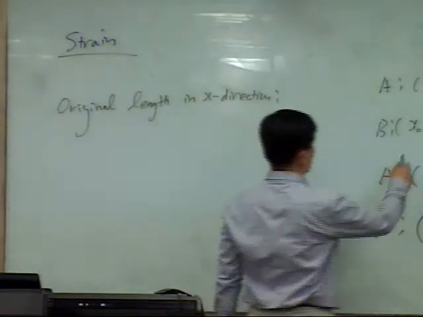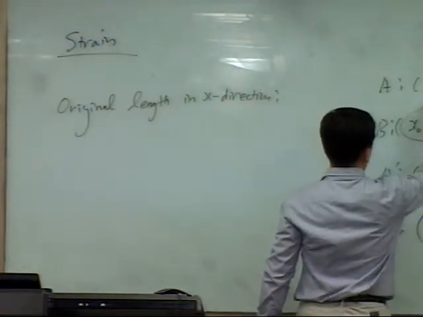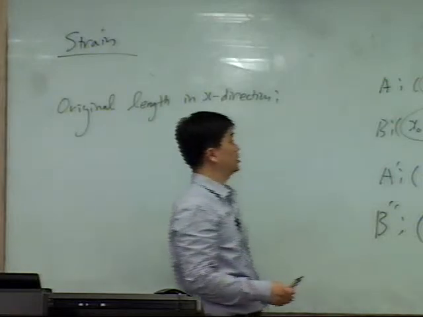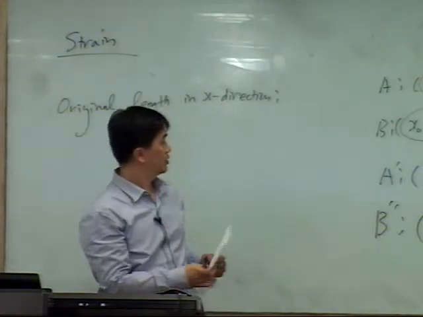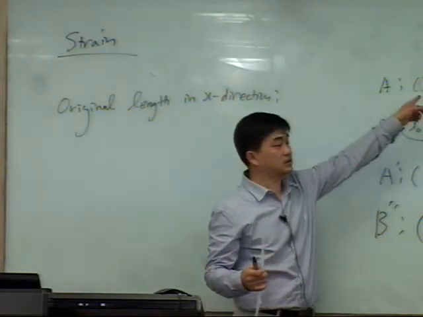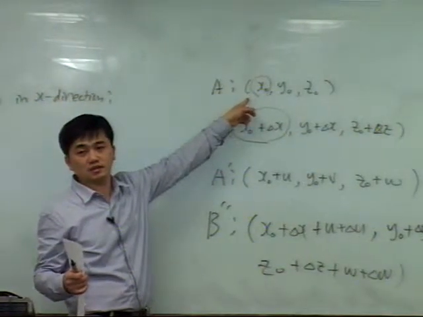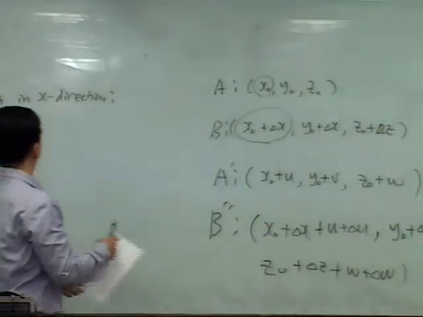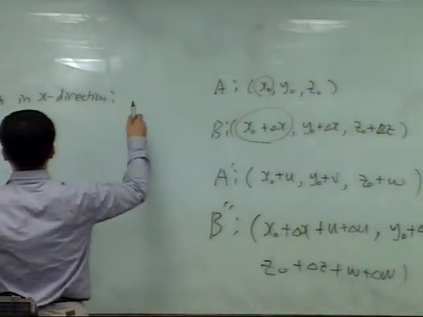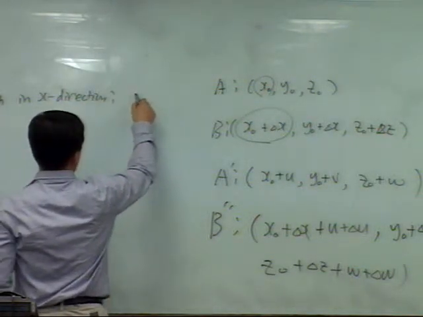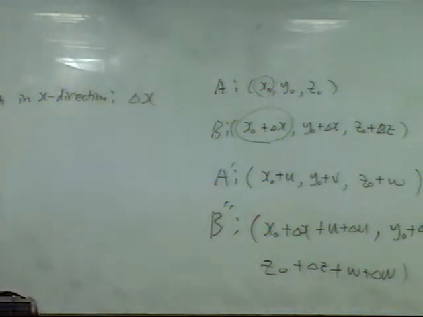It can be calculated from the x coordinate of B minus the x coordinate of A. So the original length in the x direction is delta x, right?